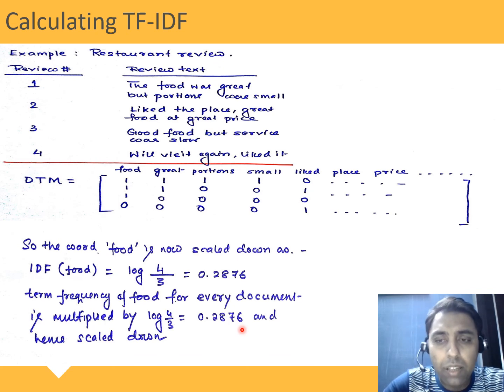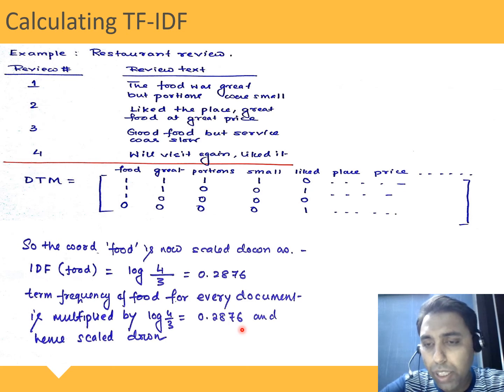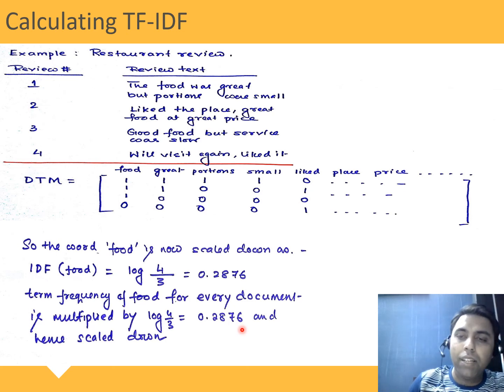And as I mentioned in the beginning of this video, TF-IDF is perhaps the most popular of all the approaches used for representing words by some features, or in a numeric way, in natural language processing. The reason for its popularity is twofold. One, as you can see, it is very simple to calculate. It doesn't involve any memory hungry computation, and it has a very straightforward and intuitive interpretation.